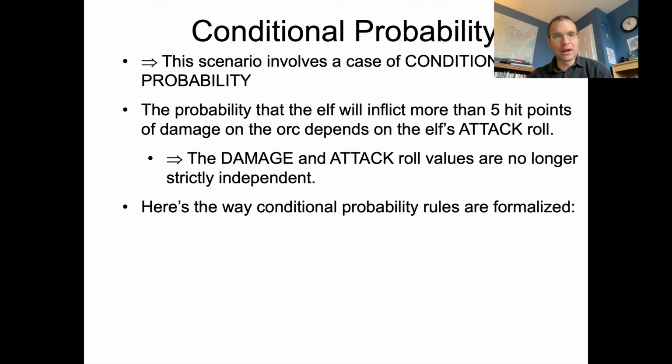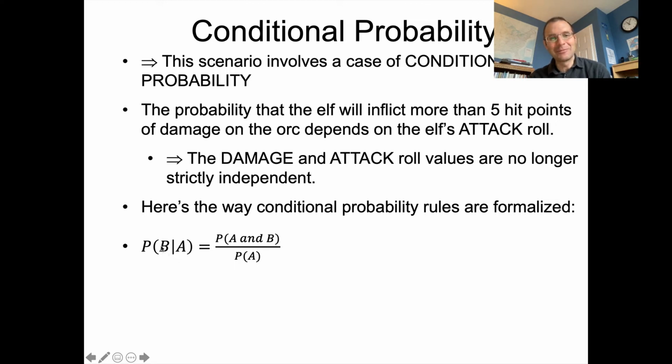That's conditional probability. Okay, so here's the way conditional probability rules are formalized. Mathematically speaking, this uses a notation which you may have seen before somewhere down the line. It's read as the probability of B given A. It's just a vertical line in between the two, on your keyboard right below the delete key.